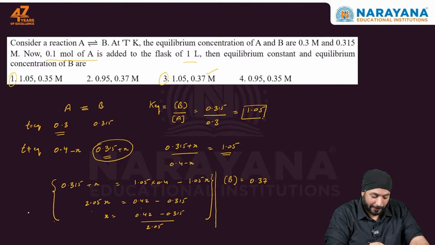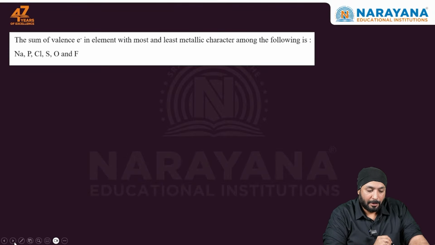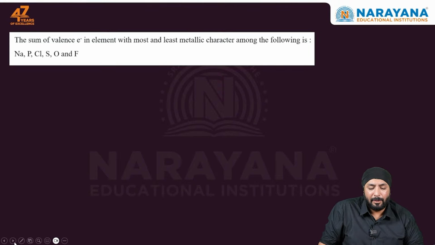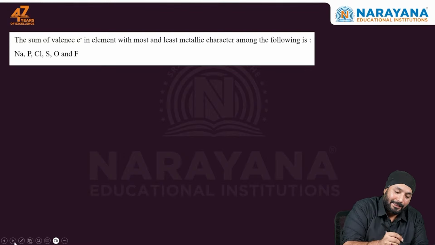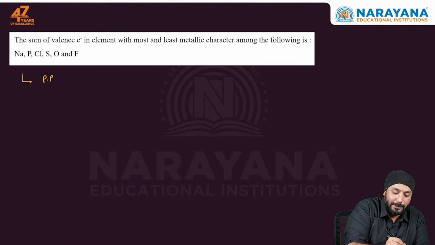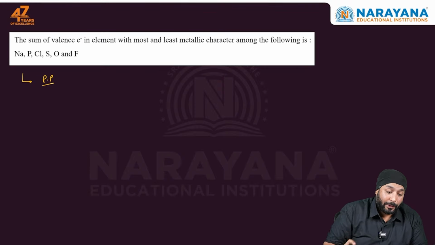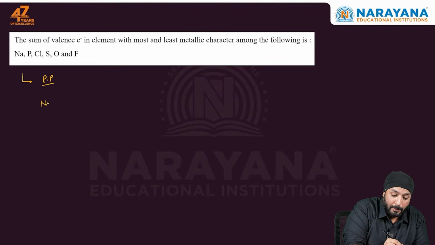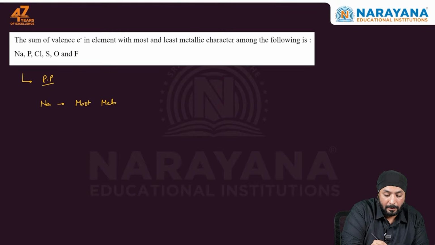So, we will move to the next question: the sum of valence shell electrons in the elements with the most and least metallic character among the following is. Now, this is clearly a periodic properties question, and among sodium, phosphorus, chlorine, sulfur, oxygen, fluorine, sodium is an alkali metal, most metallic in nature, and fluorine being most non-metallic.